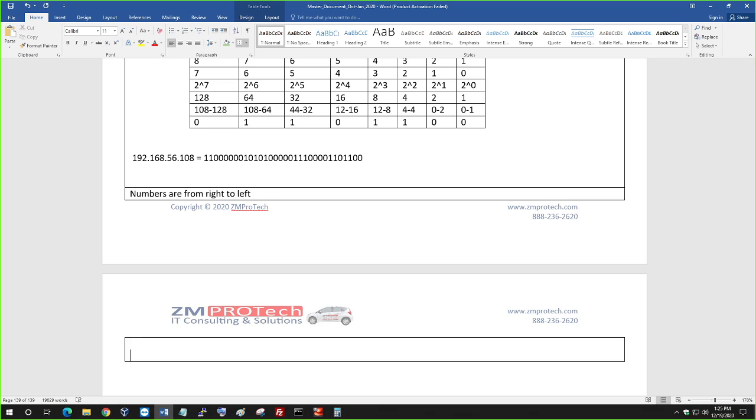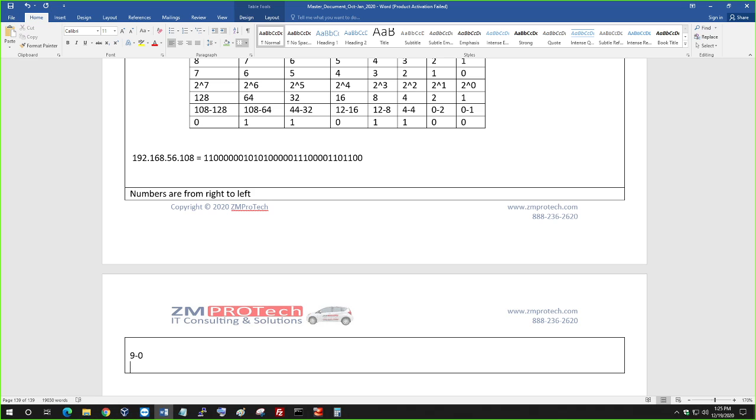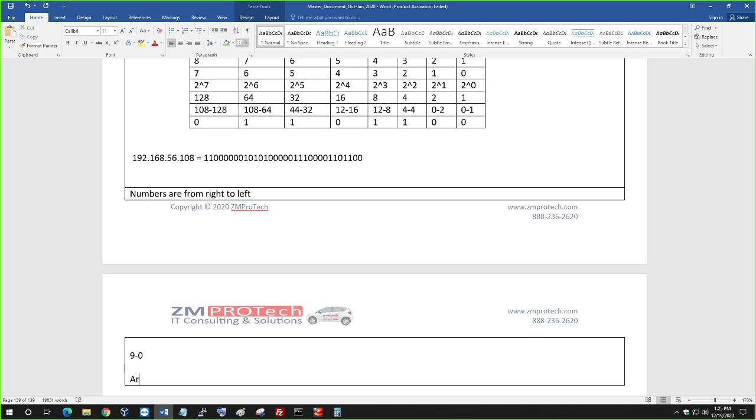The system 9 comes in the end and 0 comes in the first. That's how it works, and these are Arabic numbers.